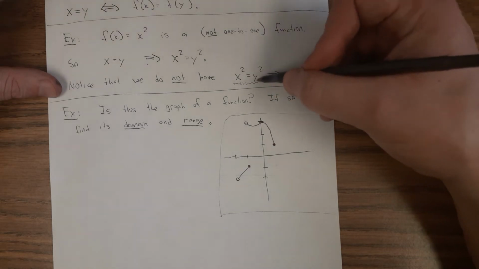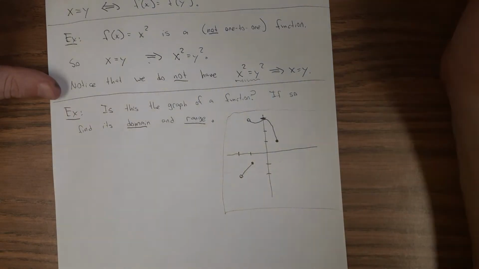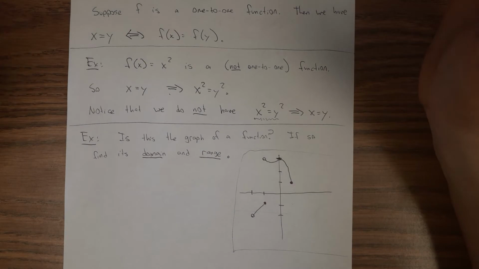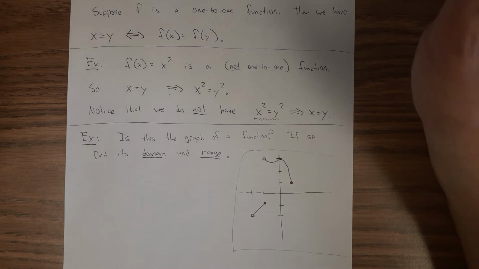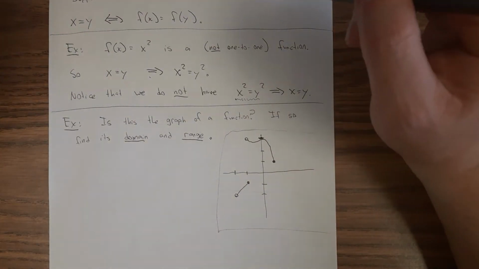So this does not imply this. So we do not have that. That's why this isn't a double-sided arrow. And in general, we'd like to have double-sided arrows. They're more useful when we're solving equations. But if you're not doing a one-to-one function, then you don't have that.